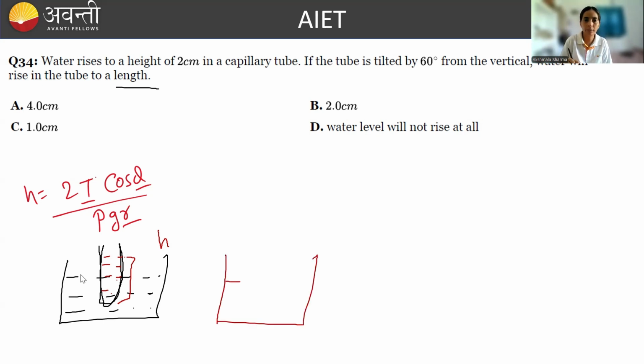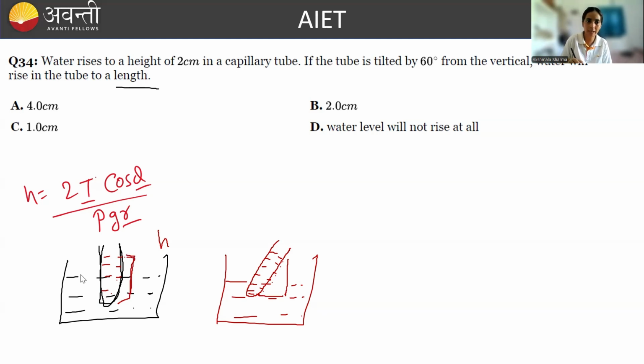Now, in the second case, according to the question, you are just tilting the tube. While you are tilting the tube, surface tension is not changing, contact angle is not getting affected, radius of capillary tube is not getting affected. So in this case also, if I say this is the column of water, then this height is the same as previous one.